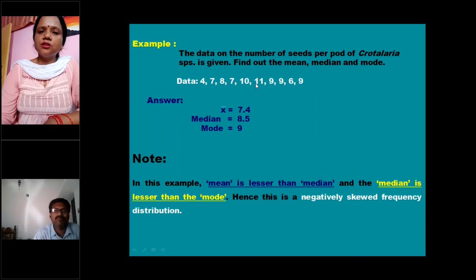As I said earlier, the mean is affected by extreme data values. Hence the mean is lesser than the median, and the median is lesser than the mode. Since in the example the mean is lesser than the median and the median is lesser than the mode, our example has a negatively skewed frequency distribution.